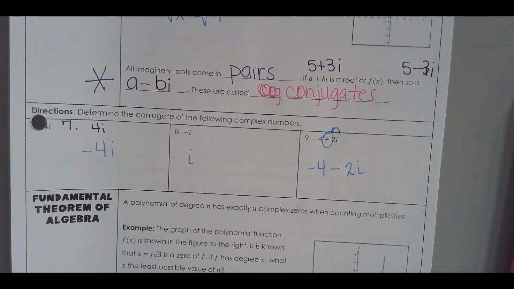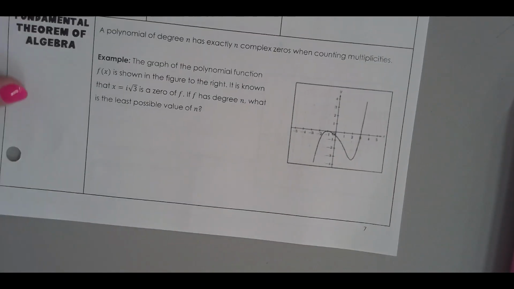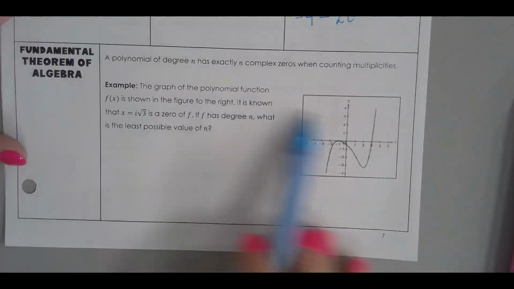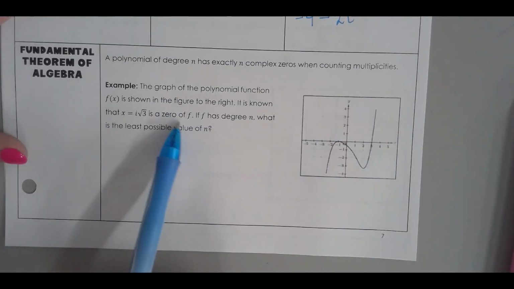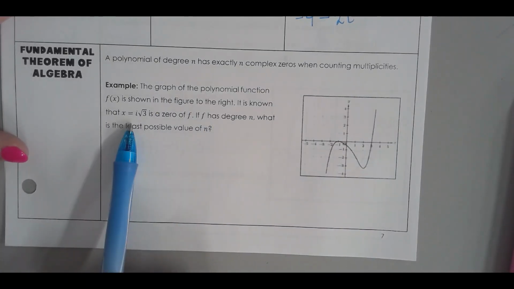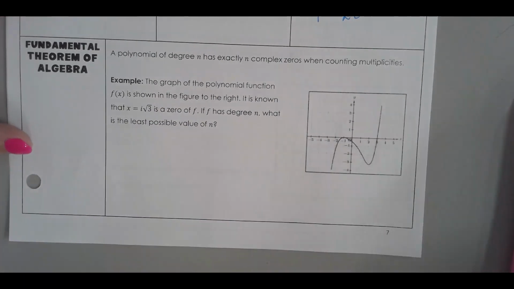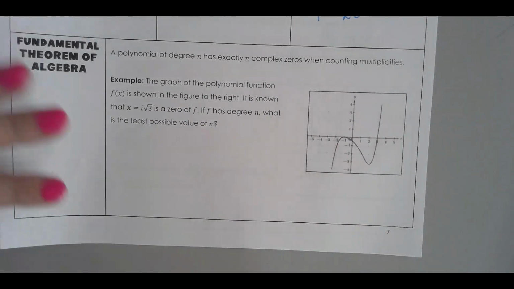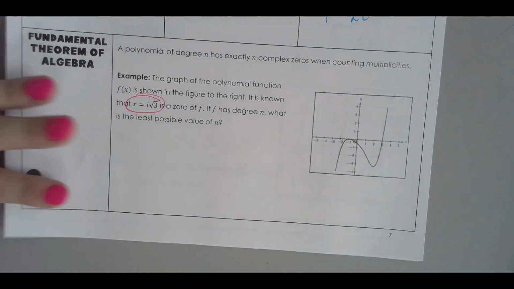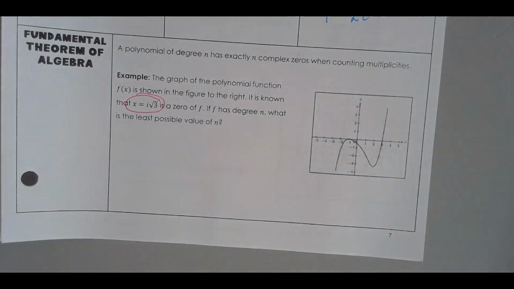So for example, here's kind of where it might come into play. Alright, here's a graph. I'm telling you that that is one of the x-intercepts. If that's one of them, what does another x-intercept have to be?